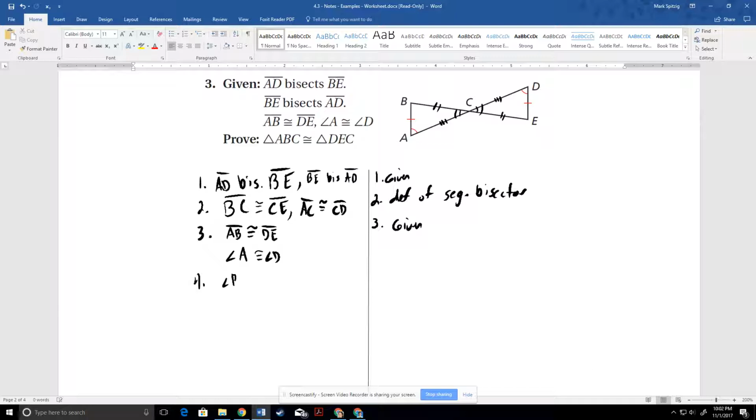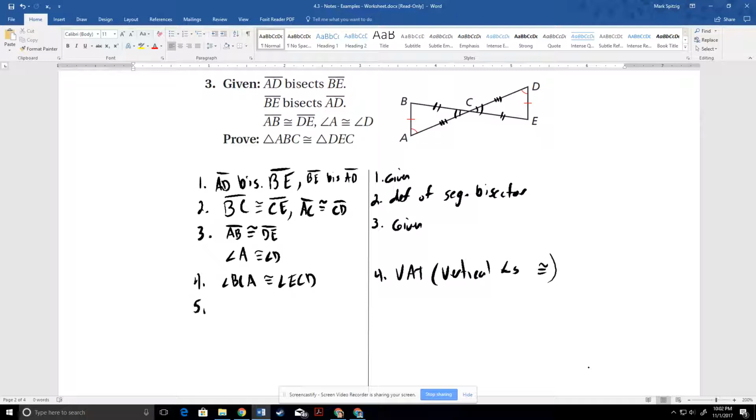So I could say angle BCA, right? So BCA is one of those vertical angles, and it's congruent to, let's say, ECD. And again, the reason is because vertical angles are congruent. Awesome.